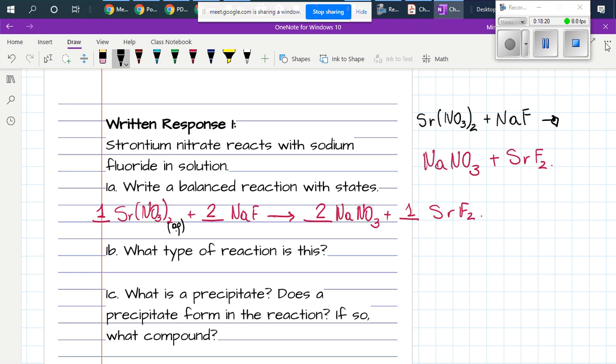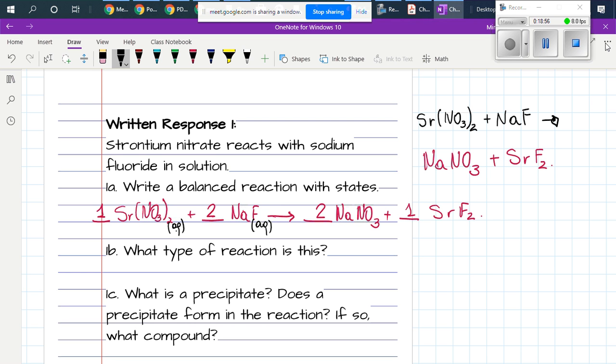Then we move to column 3 where fluorine is, and it says that most of them are soluble, which is on the second row of the table, besides lithium, magnesium, calcium, strontium, beryllium, iron, lead, and another one. Sodium is not on that list, meaning that this is aqueous as well.